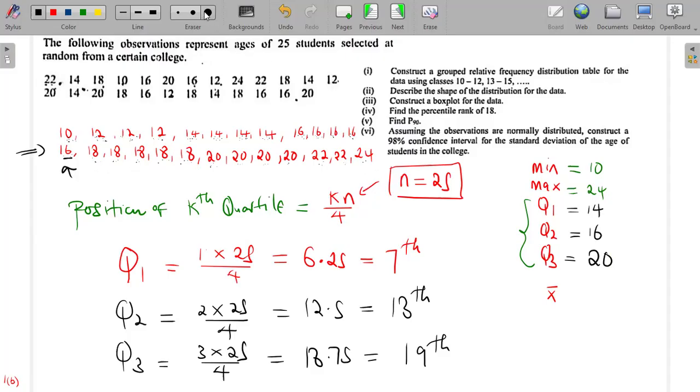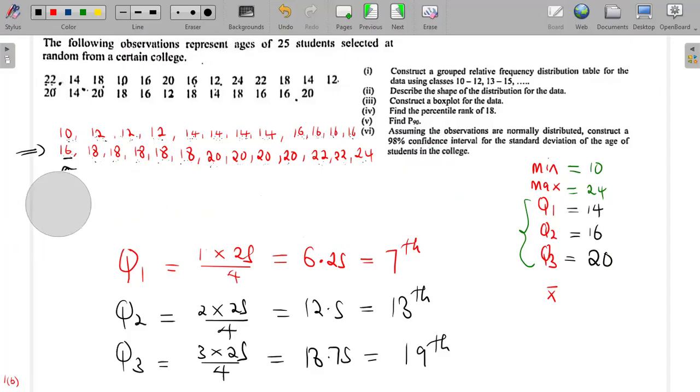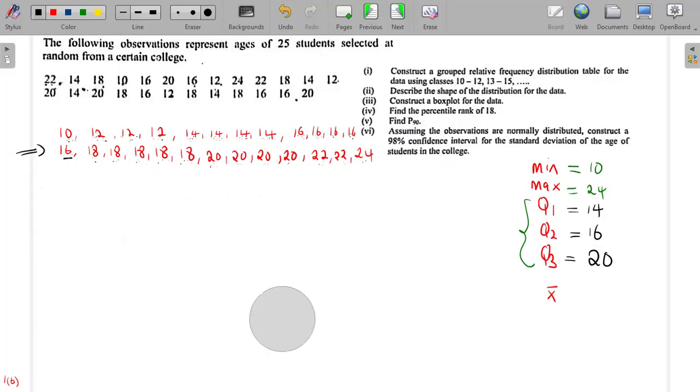Okay, and then what is the mean? The mean means we just have to add everything and then divide by 25. So it's the summation of all the xi's that I can see there divided by 25. So I can pass that on my calculator. 10 plus 12 plus 12 plus 12.